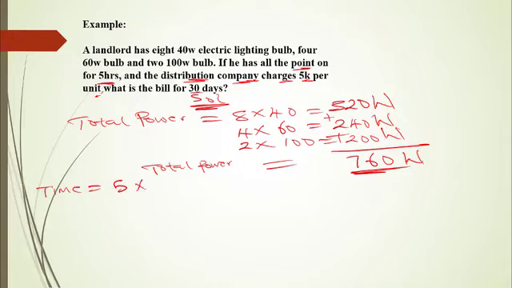Now the time that was spent in using up all this energy was 5 hours every day for 30 days. So 5 times 30 gives us a total of 150 hours for 1 month. That was the time the man spent in using this up.